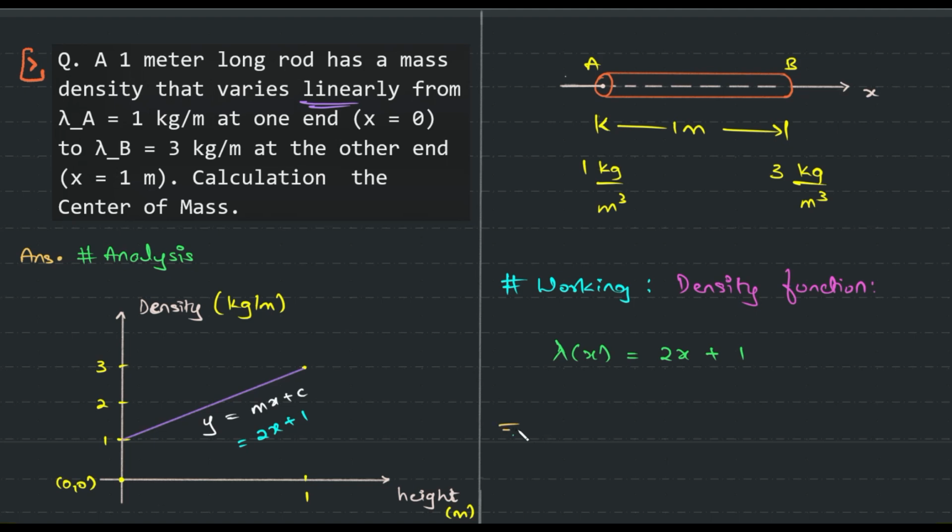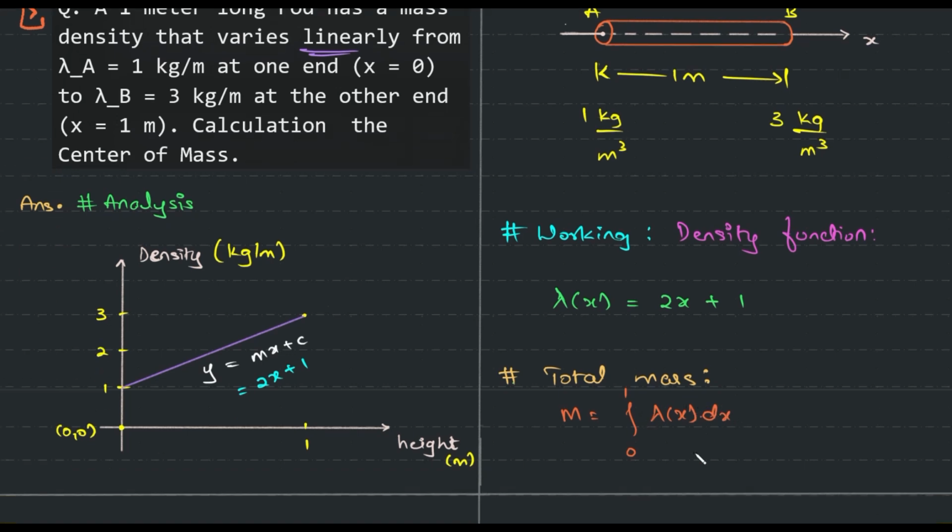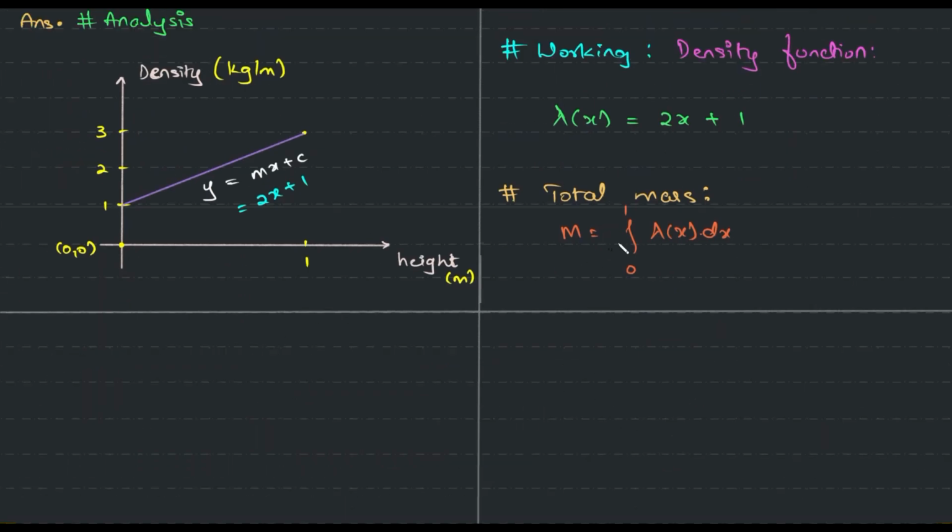Okay, next we can talk about total mass. How do you figure out the total mass? Yes, we need to use integration. So we'll integrate density across the length from 0 to 1. Writing all of this and making sense out of it is very important.